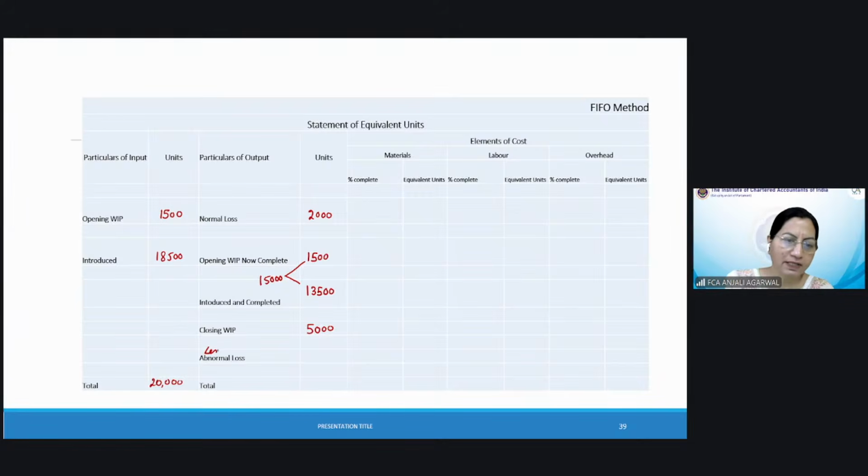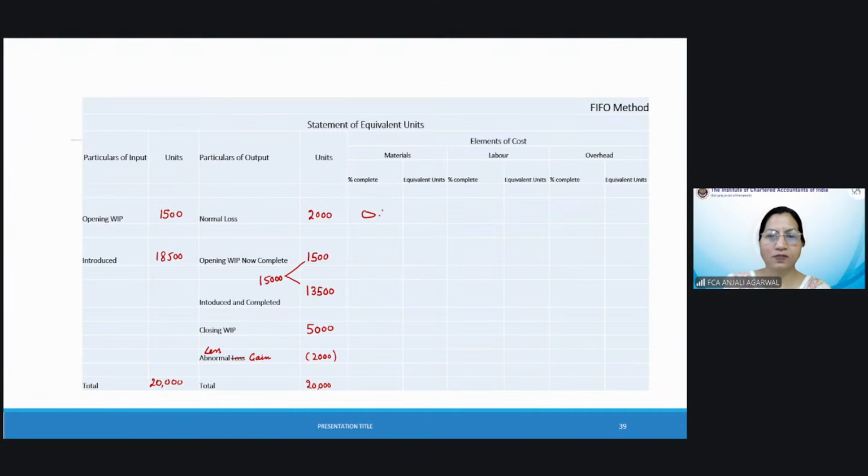So you will say less abnormal gain. 2,000 plus 1,500, 3,500. 3,500 plus 13,500, 17,000. 17 and 5, 22,000. Minus 2,000 is 20,000.